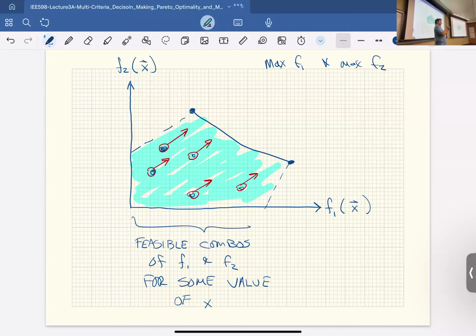And so this space up here is the so-called Pareto frontier. The Pareto-efficient set are the set of decision variables that live in the Pareto frontier. The Pareto frontier are the set of optimization objectives.